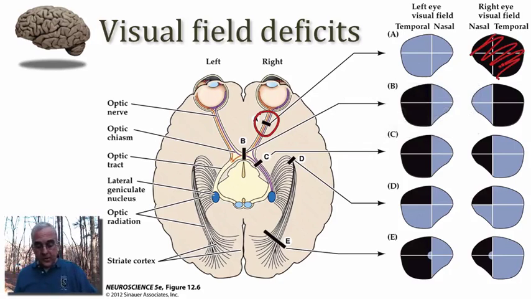Now, let's imagine that we had a lesion not in the optic nerve, but right in the middle of the optic chiasm. This can happen sometimes when there is a traumatic injury that induces a shearing force along the midline of the hemispheres, or perhaps with a tumor that's growing out of the pituitary gland, which attaches right below the optic chiasm. Well, a lesion of the optic chiasm would cut the axons of the nasal retina that cross in the midline.